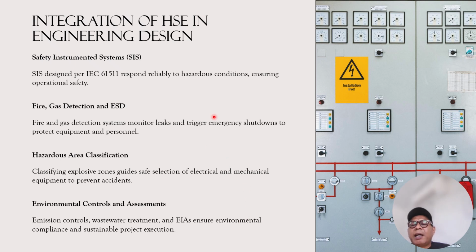So safety and environment are considered and integrated in both BED and DED phases. Safety instrumented systems, SIS, are designed according to the standard to ensure reliable response to hazardous conditions. Fire and gas detection systems are strategically placed, monitoring potential leak points and initiating alarms or shutdown. Environmental parameters like emissions, VOC, NOx, SOx are controlled through the scrubber and the fire system and waste management system.